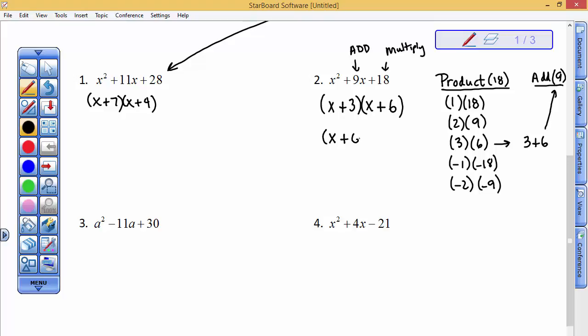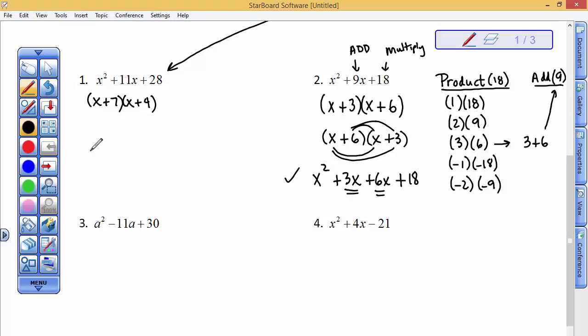Either way, when I check this by taking x times x and getting x squared, and x times 3 and getting 3x, and 6 times x and getting that 6x, that's where the 3 and the 6 add to be the 9, and then 6 times 3 is 18. I can just go, oh yeah, check. I got the correct answer, either like this or like this.